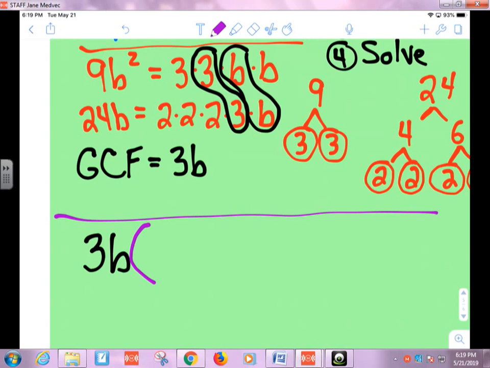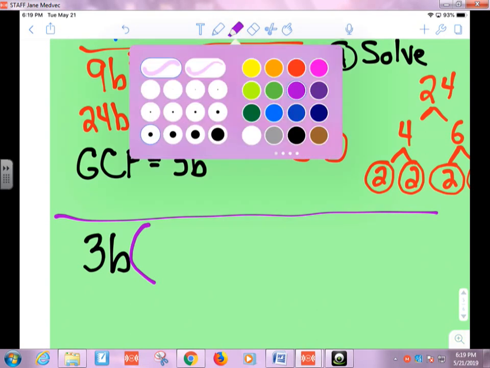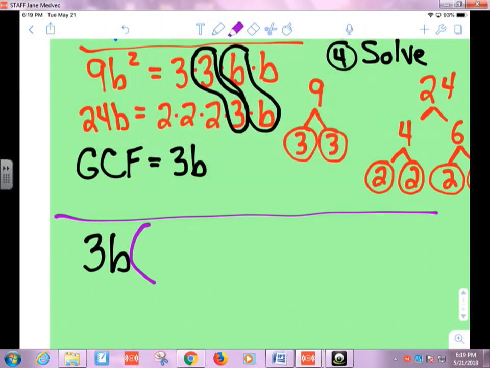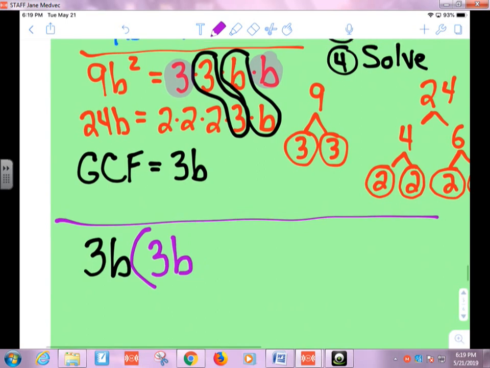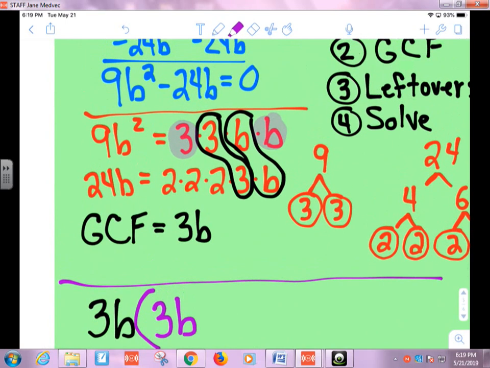Now I need to take a look at the first term and see what I have for leftovers. So 9b squared, I have a 3 and I have a b that I did not circle. So I'm going to come down here and write 3b. Then I need to grab my sign. So I'm going to go back up here to my standard form, and there's that negative.